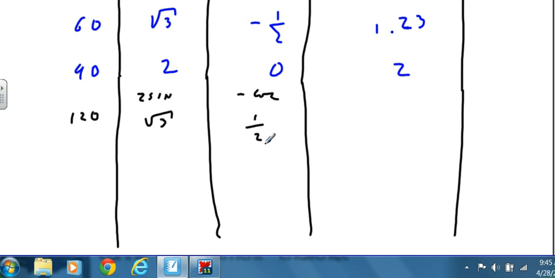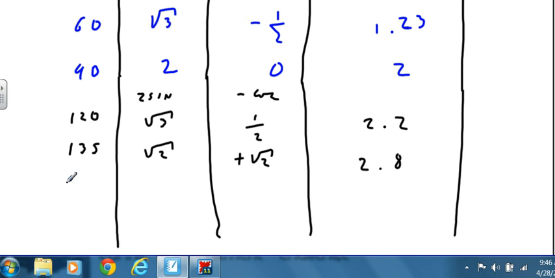Okay, so square root of 3 plus 0.5, 2.2. And then I'm going to look at 135. So that's going to be the square root of 2 plus the square root of 2. All right, square root of 2 plus the square root of 2, that'd be 2.8.